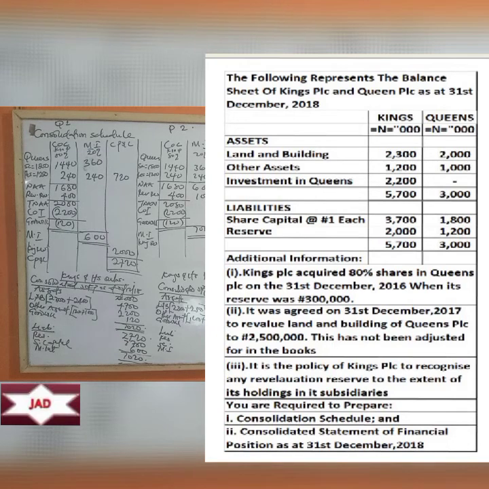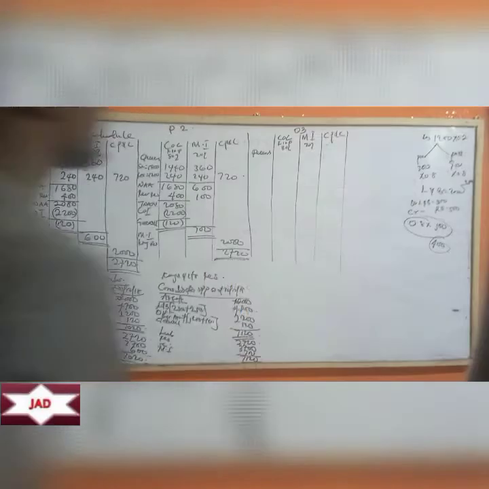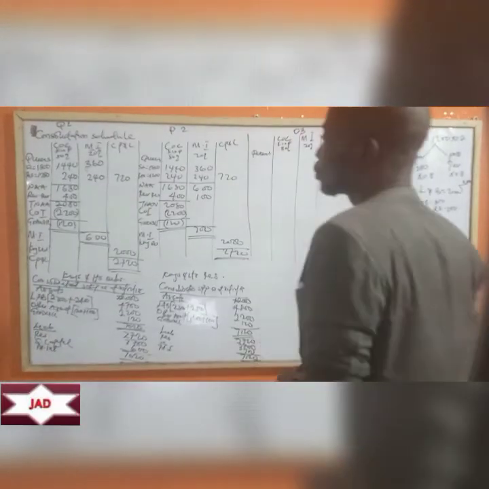It's the same question, only that the policy is to recognize to the extent of group share only, but the timing, they say it was agreed in 2017 to revalue land and building to 2,500. So this happened after acquisition, that's post, right? So what do we do?